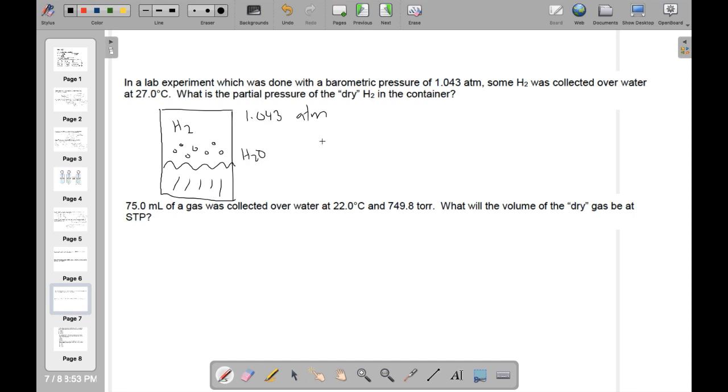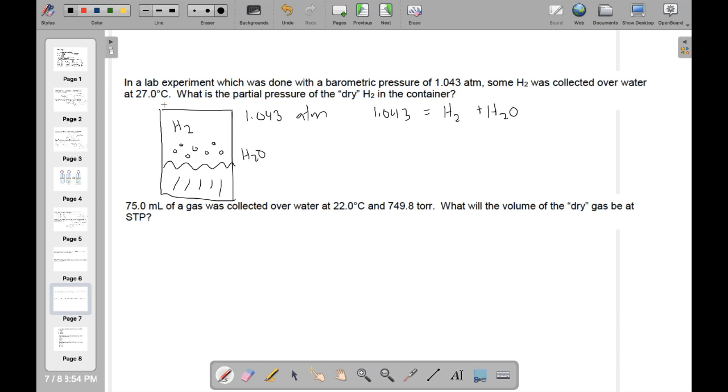So our total is going to be 1.043 atmospheres equals the pressure of H2 plus whatever the pressure of H2O is. So how do we find any of this? We need to know one of these to get the answer.